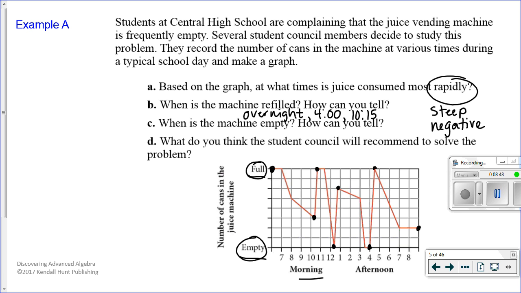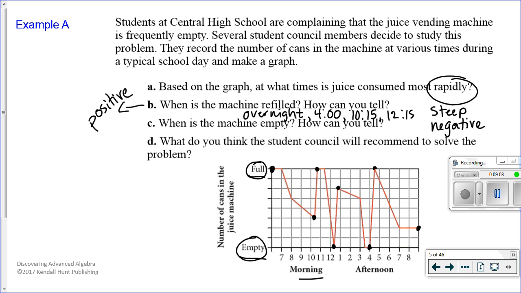From about 12:15, it's filled up to about the 75% mark. So anytime I'm seeing a positive slope, that's being refilled.